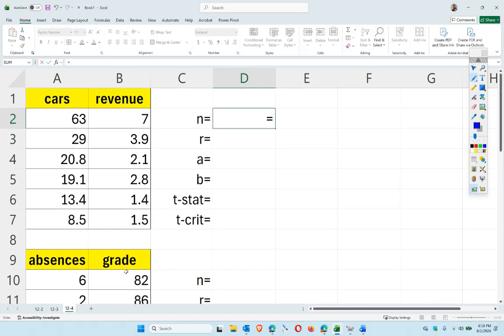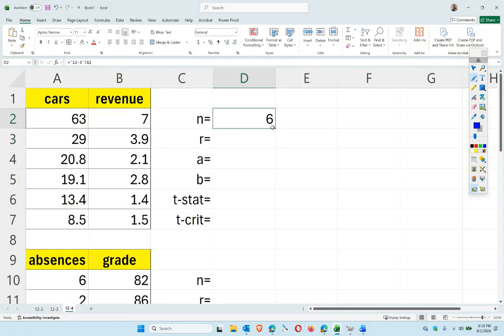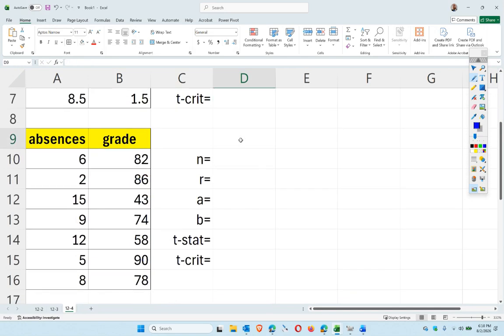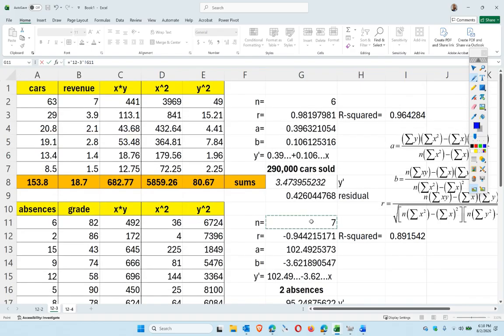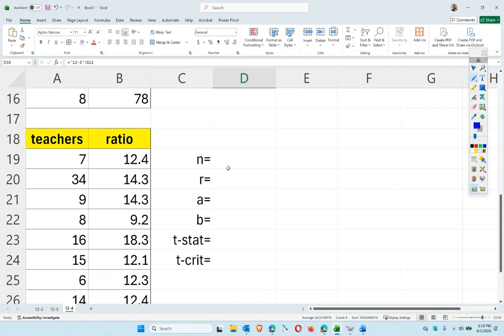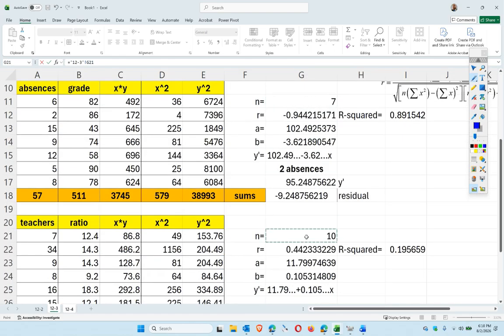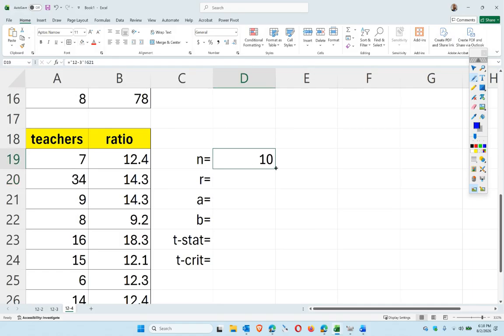What I'm going to do is click equals, go back to here, click on this, hit enter, and drag it down so I can save time. I'm going to go down to here, click equals, go back to 12.3, click that, hit enter, and then drag it down. That just saved me some time of redoing it all. And then lastly, equals, go to 12.3, click it. Oh, sorry, that's the one there. Hit enter, drag it down.